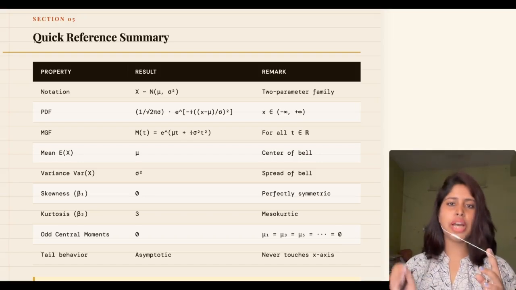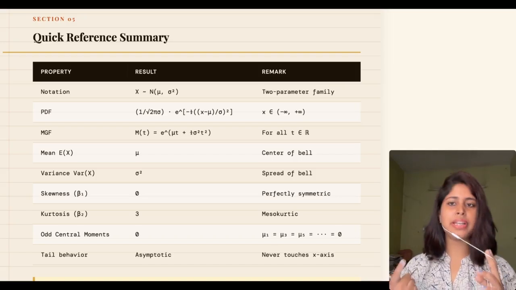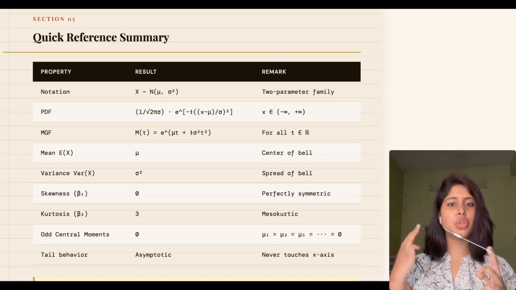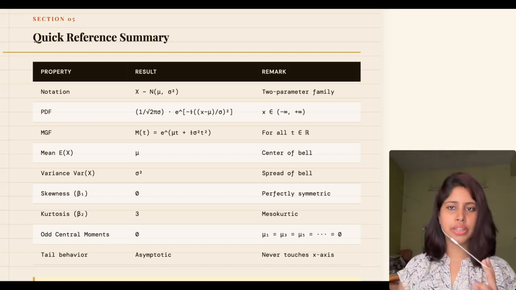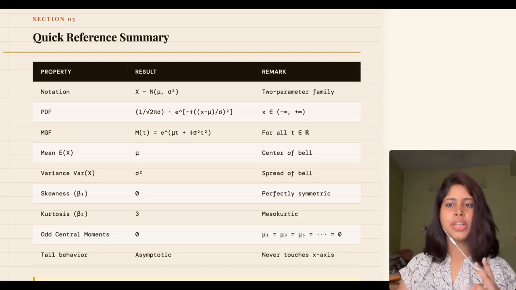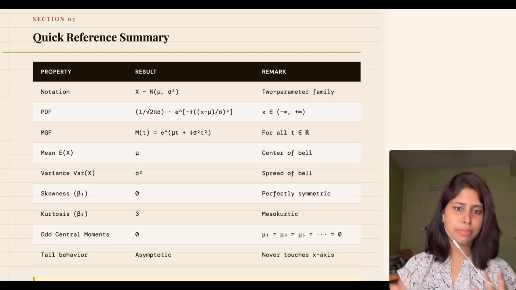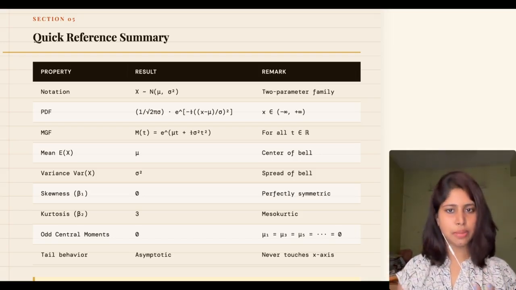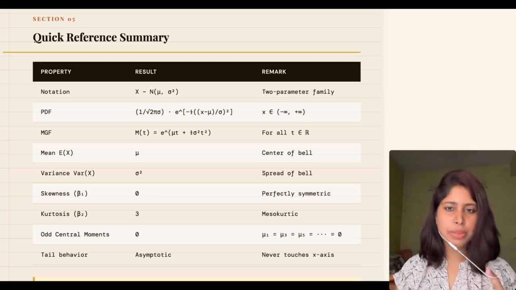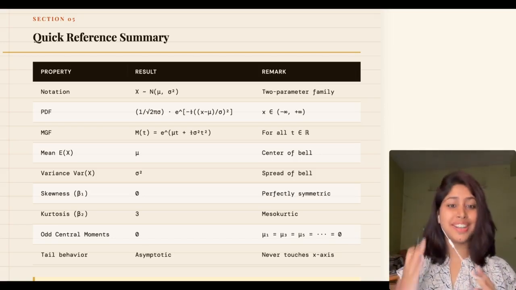We walked through five key properties: symmetry, bell shaped, equal mean, median and mode, mesokurtic, zero odd central moments and asymptotic tails. And then we derived the MGF completely from scratch using substitution, completing the square and the Gaussian integral, that is root over 2 pi, and used it to prove that the mean is mu and variance is sigma squared. That is a complete picture of the normal distribution, so you have not just memorized but understood, right?